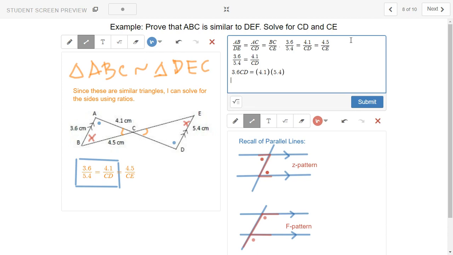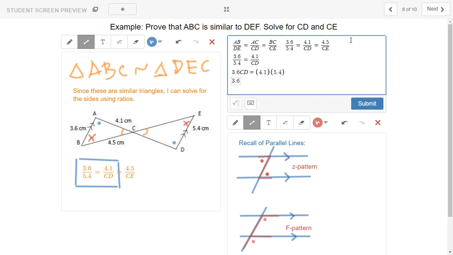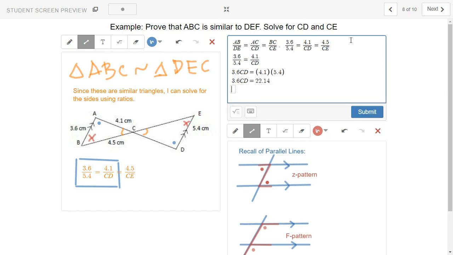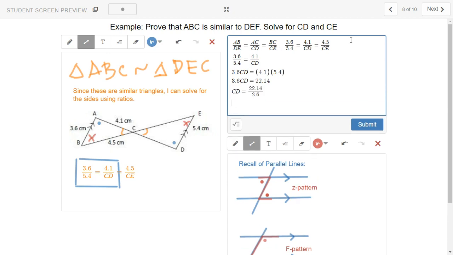Let's keep simplifying. 3.6 CD equals 22.14. Let's divide both sides. And we have CD is equal to 6.15. Right, that's one of them.